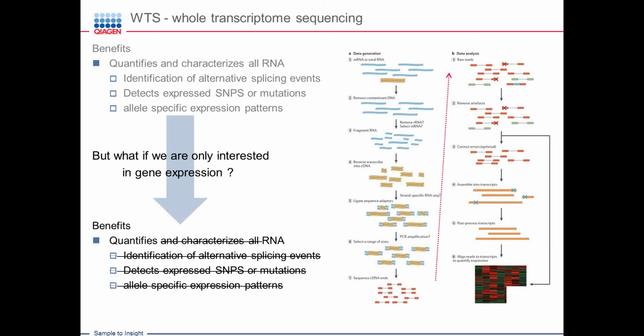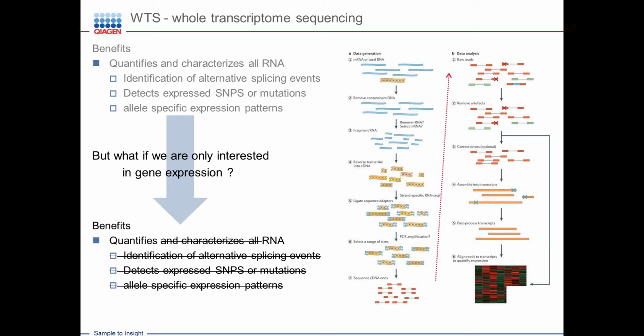So if you're only interested in gene expression, and quite a number of people who are looking at gene expression are actually only interested in the relative levels of gene expression between cell types. Are the levels of gene expression changing? A lot of the benefits of whole transcriptome sequencing aren't really benefits for you.